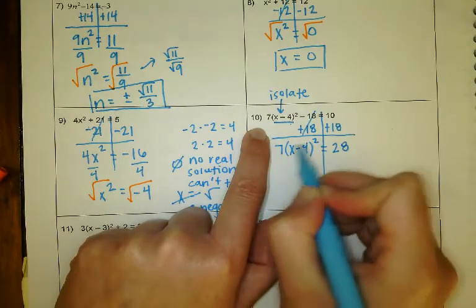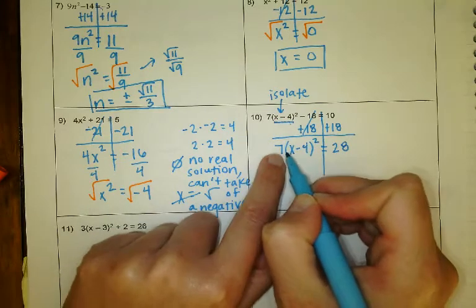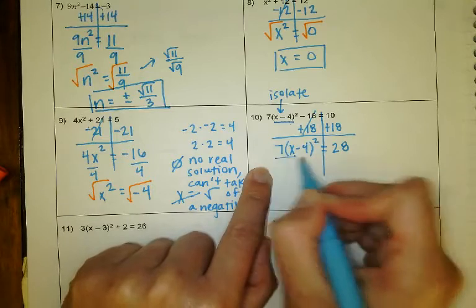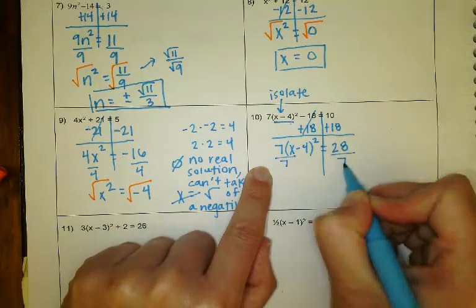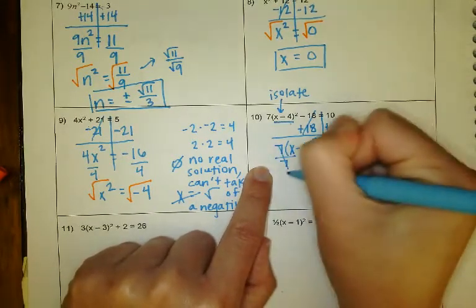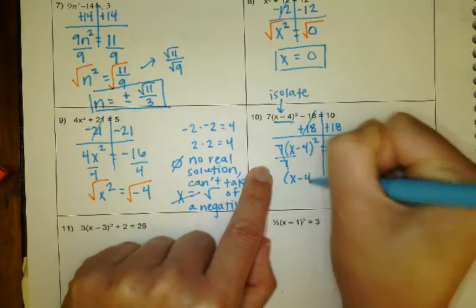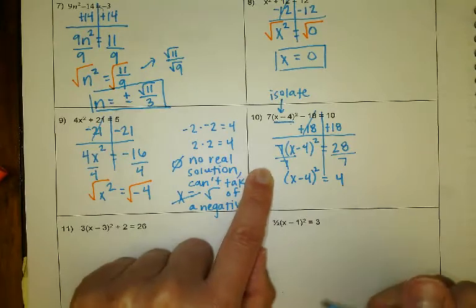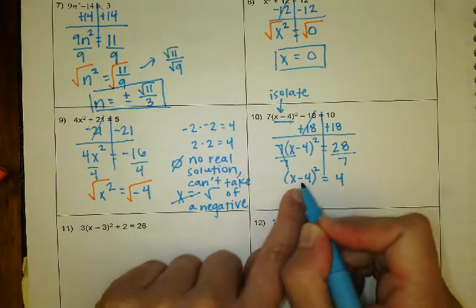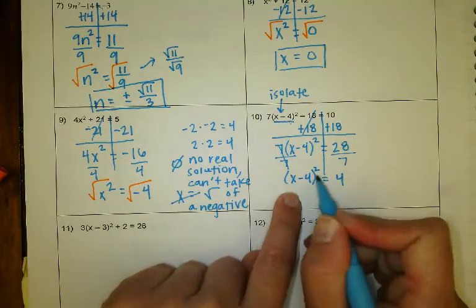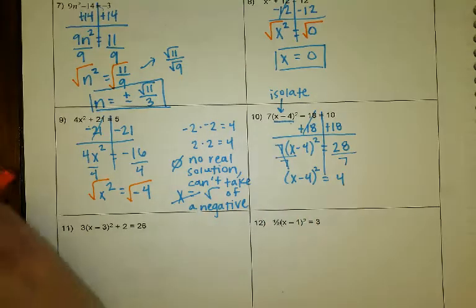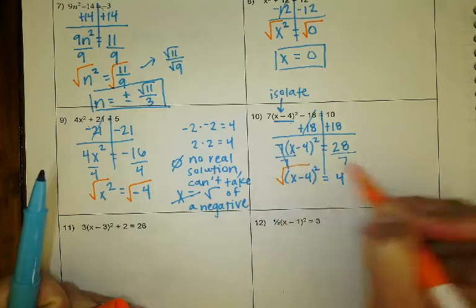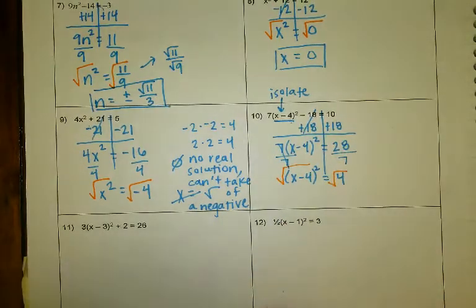Still trying to get the parentheses alone. The 7 is next to the parentheses multiplying, so I'm going to divide by 7 on both sides so that the parentheses that are squared are alone. I can't move this 4 yet because it's stuck in the parentheses being squared. So once I have the squared term alone, this is where my square root step comes in.